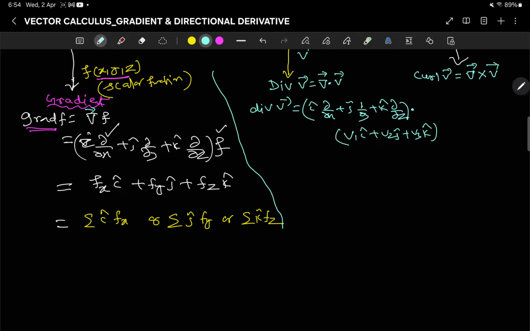It is a dot product of two vectors, so it will simply be del v1 by del x plus del v2 by del y plus del v3 by del z. It is simply a scalar, right? Dot product of two vectors is simply a scalar.